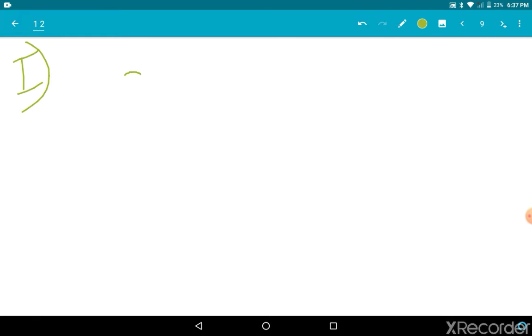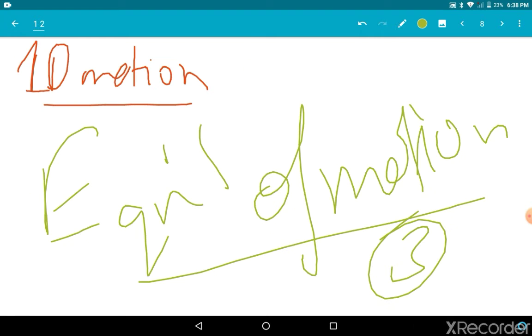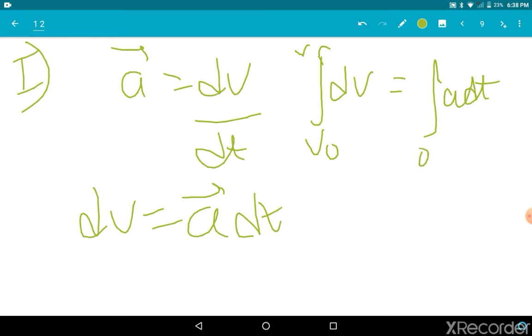So acceleration, you know, is dv by dt. So I can write dv is equal to a dt. I forgot to tell you something: the equations of motion only hold when acceleration is constant. Remember this, acceleration is constant. So now if we integrate both sides, dv equals the integration of a dt, with limits initial velocity v0 to v, and 0 to t.